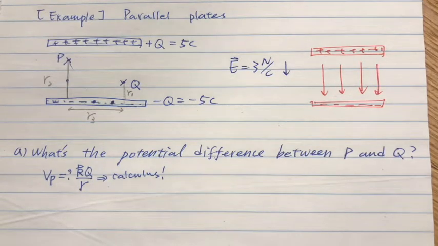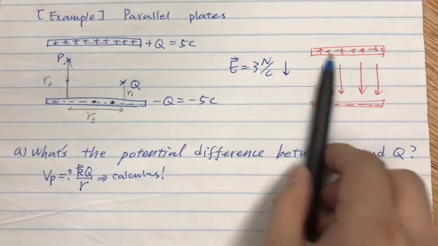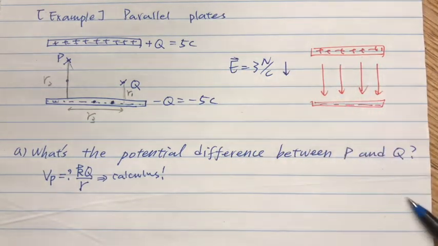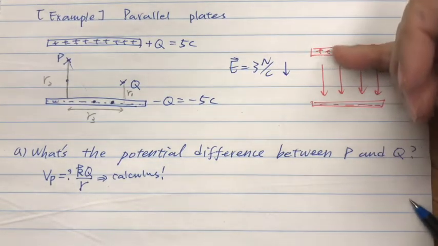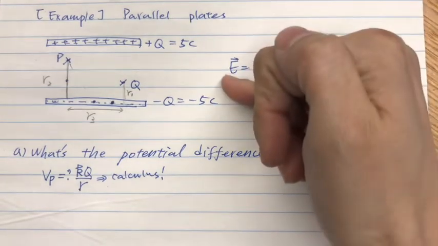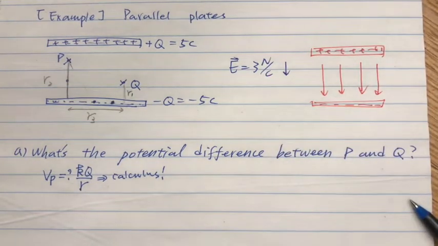The way to see that problem is we can start from here. We know that the electric field in this kind of geometry is uniformly distributed. So all the electric field in this space is 3 Newton per coulomb and going downward.